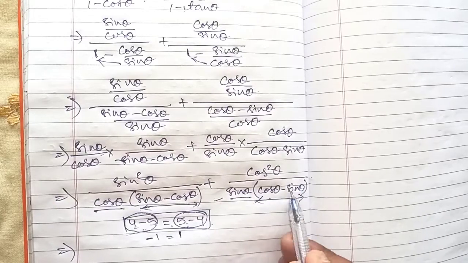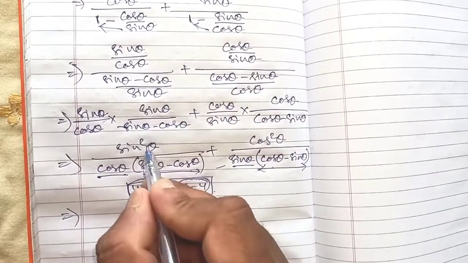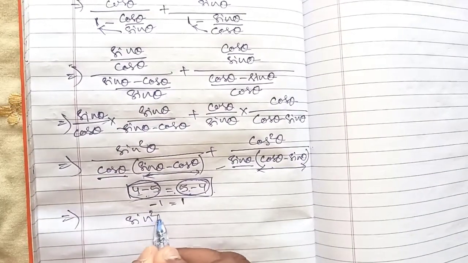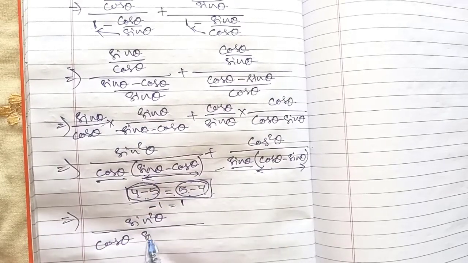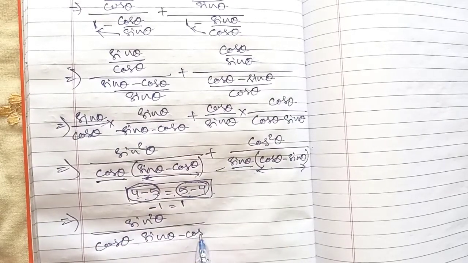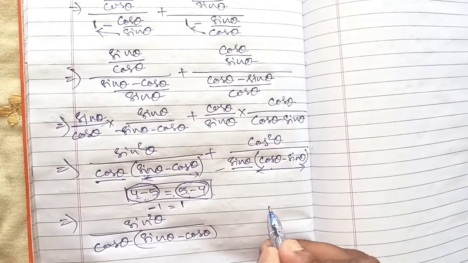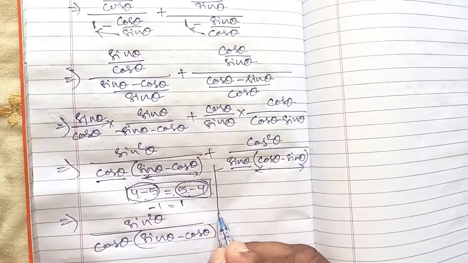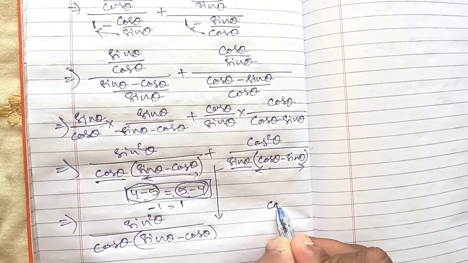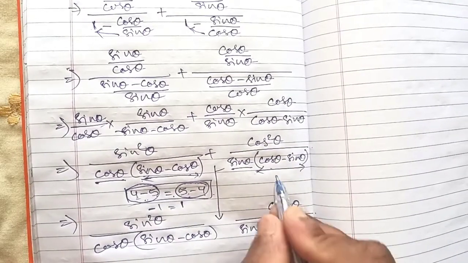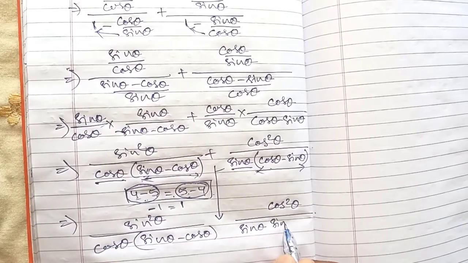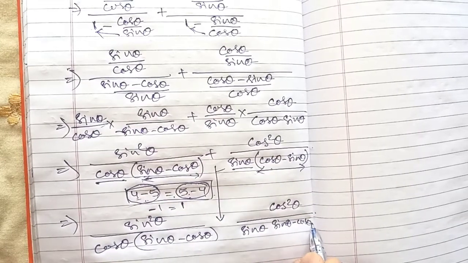So I will change this part. Look here. This will be as it is: sine square theta over cos theta, sine theta minus cos theta. I am not writing this sign here; you will come to know what will happen. Cos square theta divided by sine theta, and this one I am interchanging, sine theta minus cos theta.